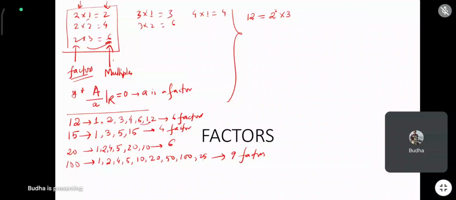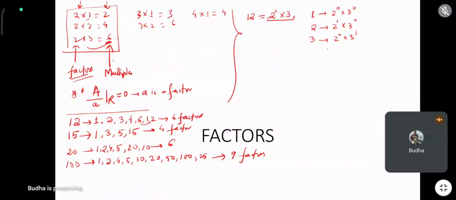Every factor of 12 is made up of these numbers only. 1 is nothing but 2 raised to 0 into 3 raised to 0. Okay. 2 is nothing but 2 raised to 1, 3 raised to 0. 3 is nothing but 2 raised to 0, 3 raised to 1.